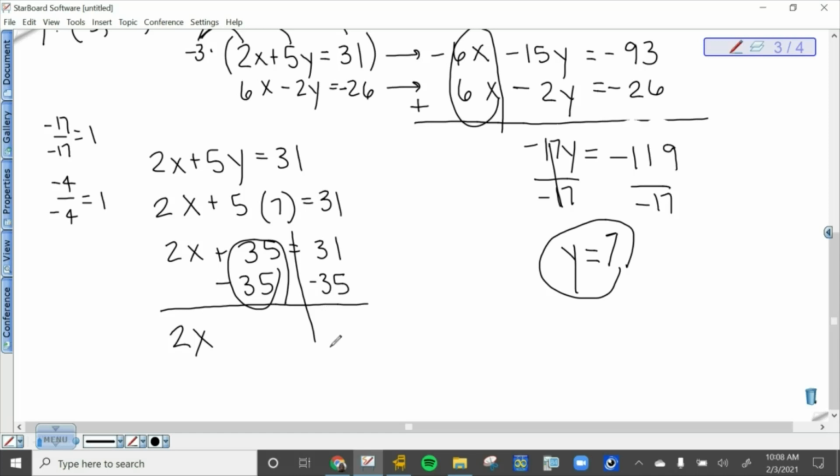Negative 4. Okay, now Alex, what do we do? Divide by 2, both sides. So x equals negative 4 divided by 2, which is negative 2.